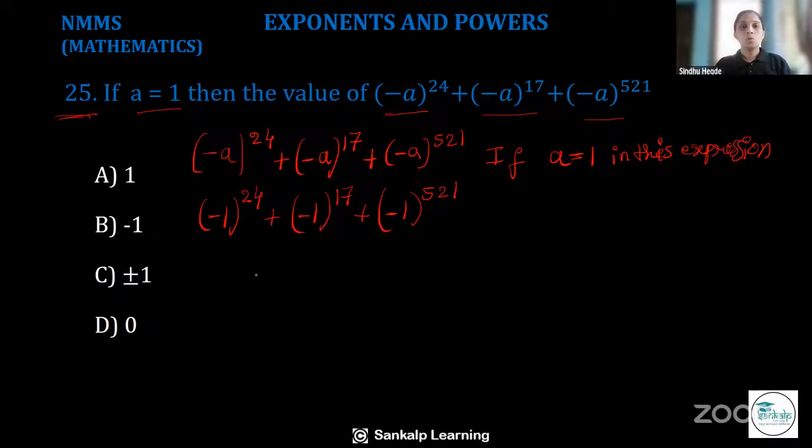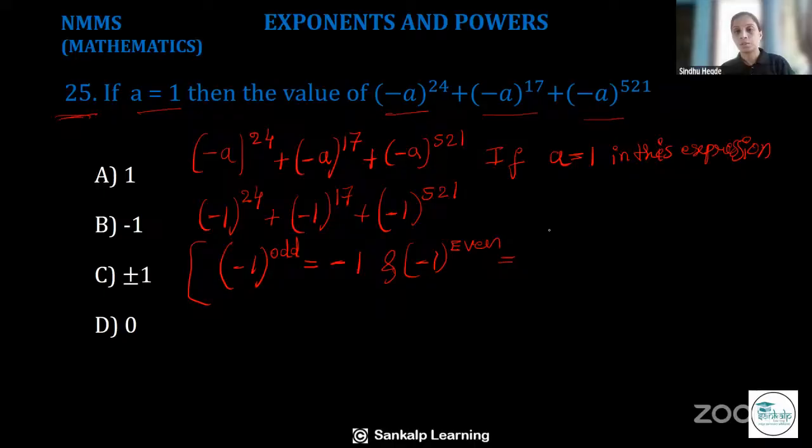Now, no need to multiply minus 1 24 times, 17 times, or 521 times. It's highly impossible. Use the law. According to the law, minus 1 raised to an odd number always gives negative, and minus 1 raised to an even number is always positive.